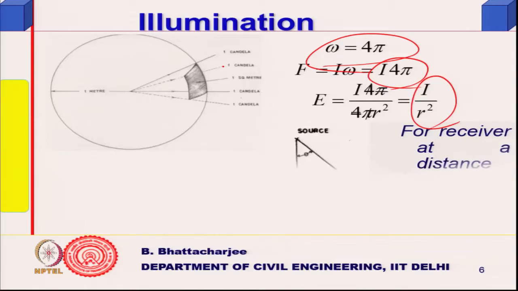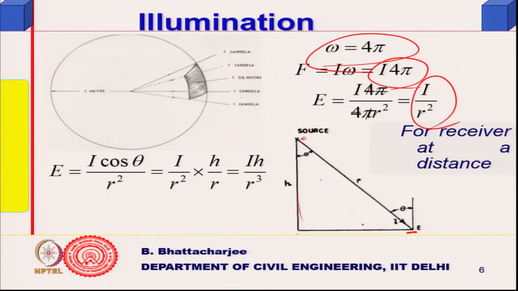So, normal incidence. For a receiver at a distance, say this is my source, and this is the normal direction. So, I cos theta by r square, because this is the theta. Now, cos theta can be written as h by r, and therefore, if you know the height, it is I h by r cube.